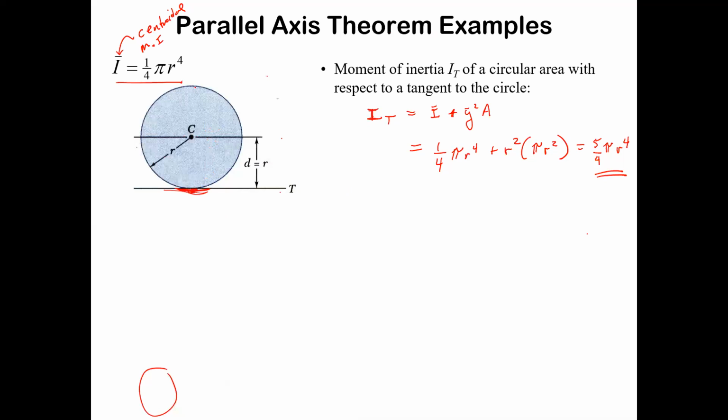You're pulling away more at this farther end than you are at this end. The distance is farther, so you get a larger moment arm, so you can add this pi r to the fourth value to that, which accounts for the fact that now a lot of the material is farther away from the axis that you're computing this thing around.